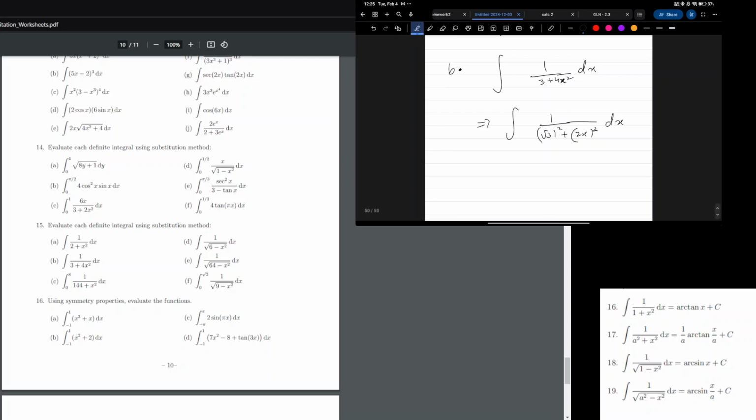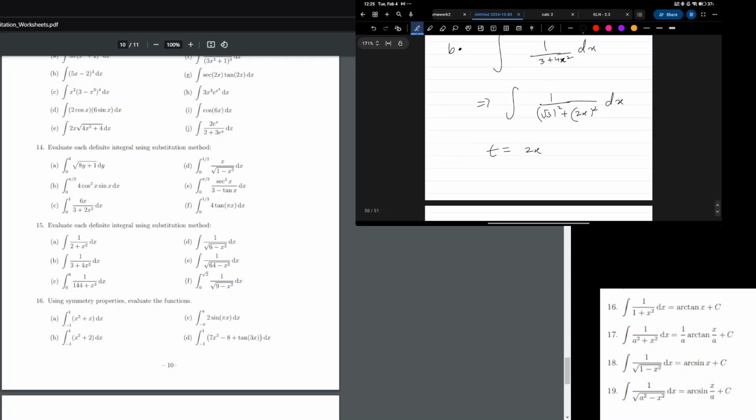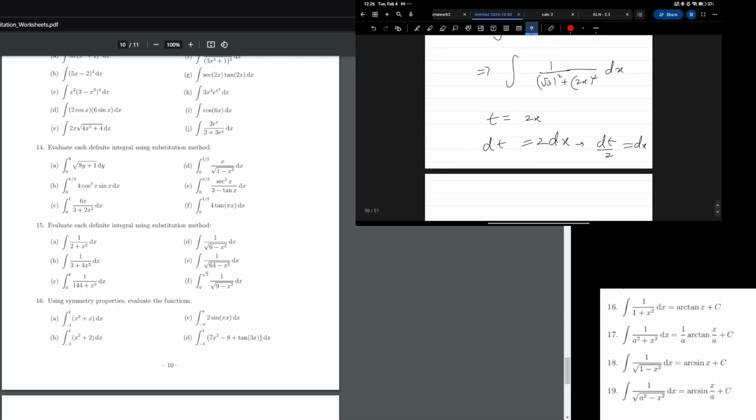All right, now let's take t equals 2x because I need an x over here. What I'll get is that dt equals 2 dx. And I can change that to dt over 2 equals dx. I can change this over here to t. So let's write that like that.